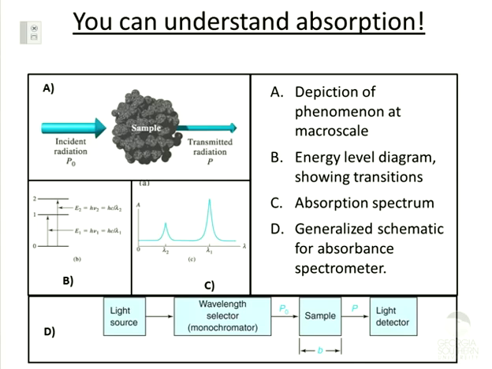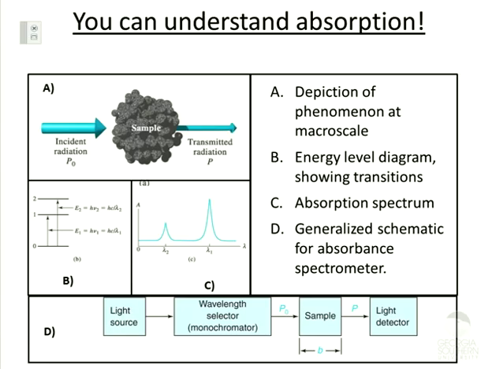Now thinking about the relationship between energy and frequency, there are light waves involved here. These are two different photons that would have different energies that would drive these two absorptions.